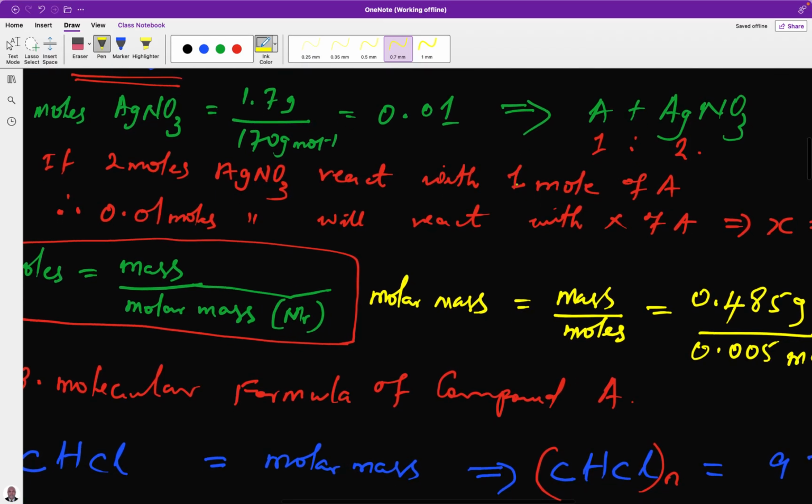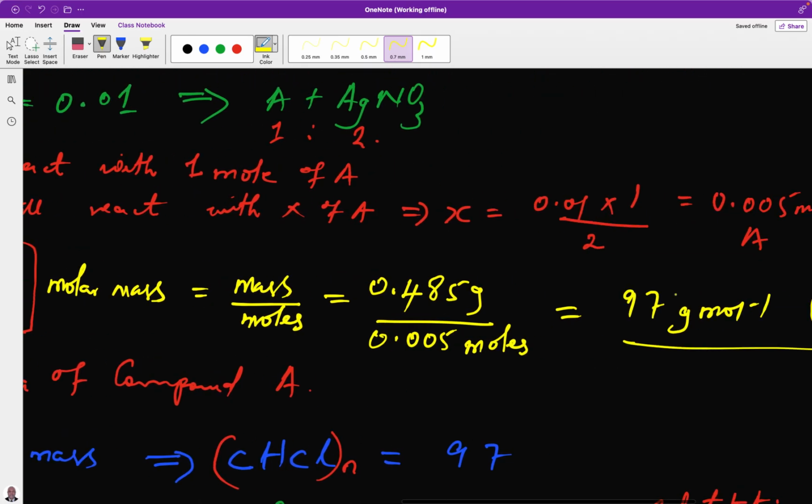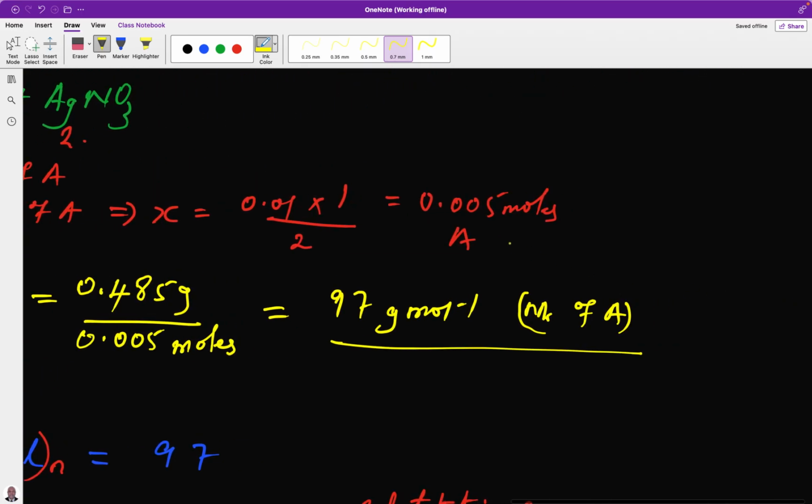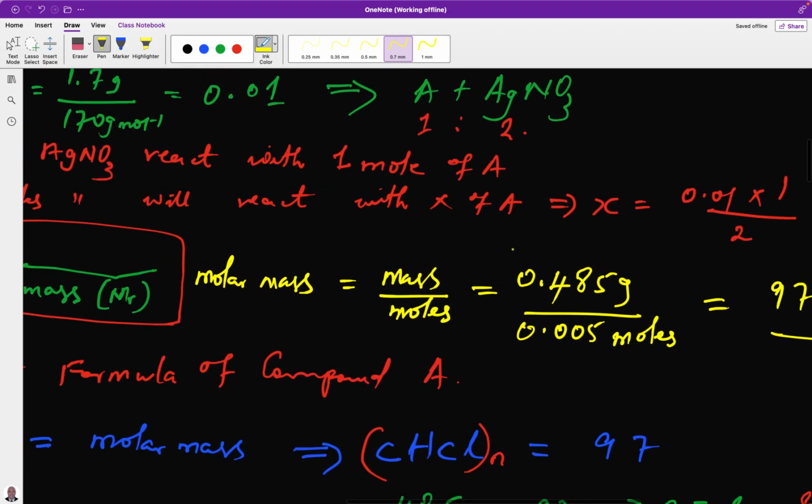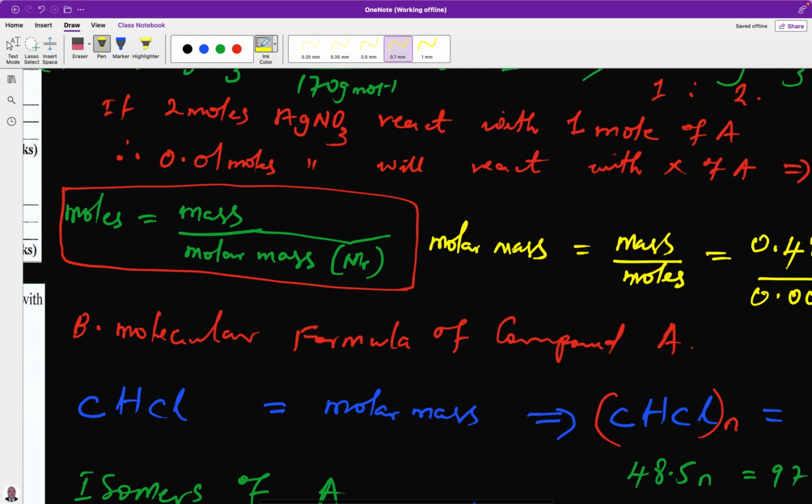You take a simple proportion for you to better understand. If 2 moles of silver nitrate can react with 1 mole of A, then the number of moles of silver nitrate we calculated will react with how many moles of the organic compound A? We calculated it and saw that our number of moles of A is 0.05. Now, the relation says moles equals mass over molar mass.